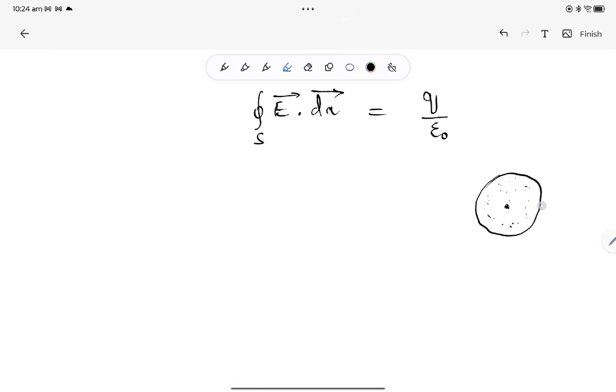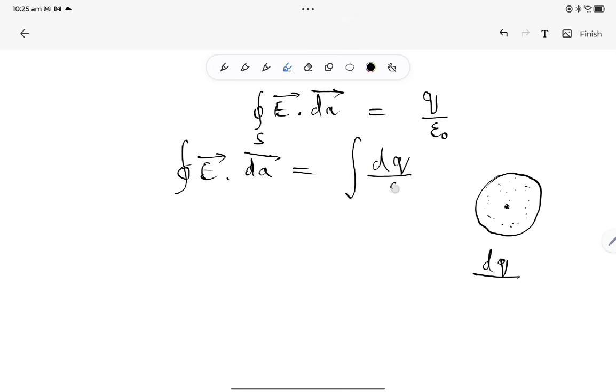Imagine this charge to be divided into infinitesimally small elements of charge, each of magnitude dq. Then we can write the integral of E dot dA is equal to the integral of dq by epsilon naught.